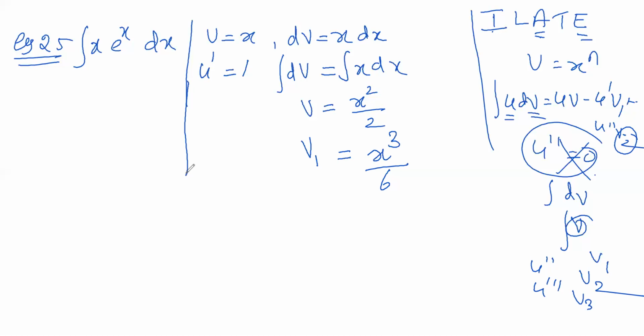Now we come to the formula. We have terms up to u dash v1. So the formula is integral u dv is equal to uv minus u dash v1. That is, integral of u, what is u? x, and dv.